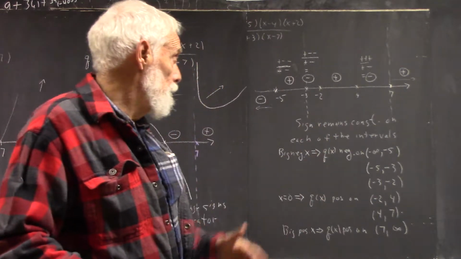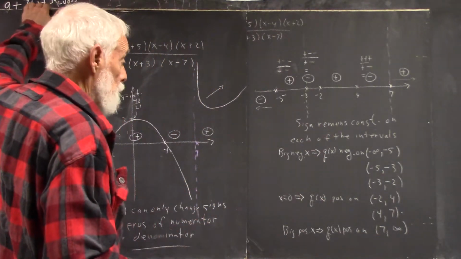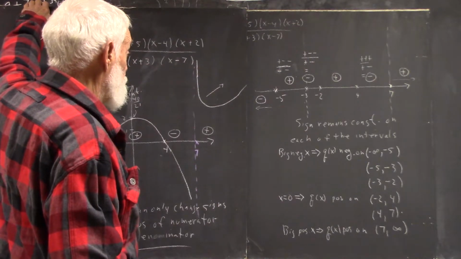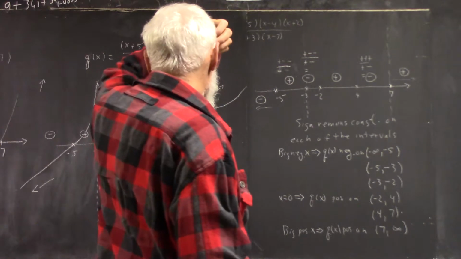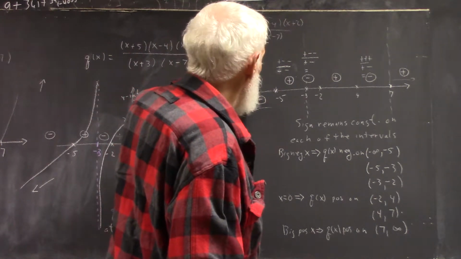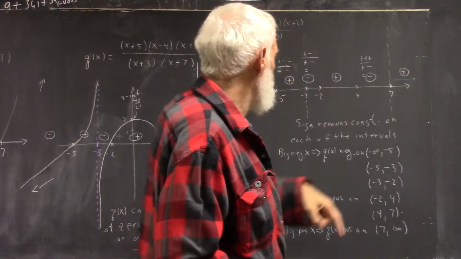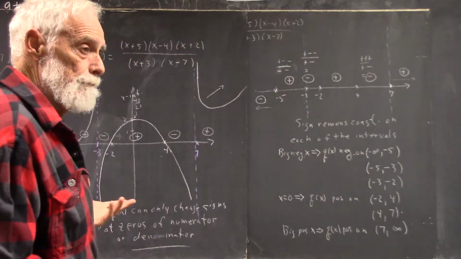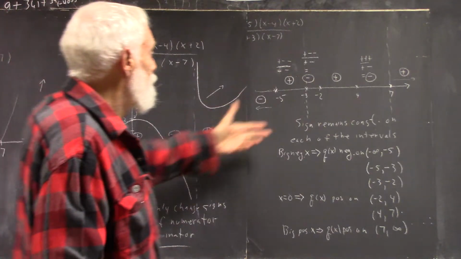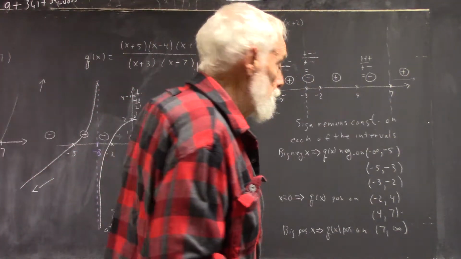But you know how that works because you're familiar with the graphs. So what it's going to amount to is we have to draw a graph that's negative over here, positive over here, goes through all these zeros, and has vertical asymptotes at these lines.